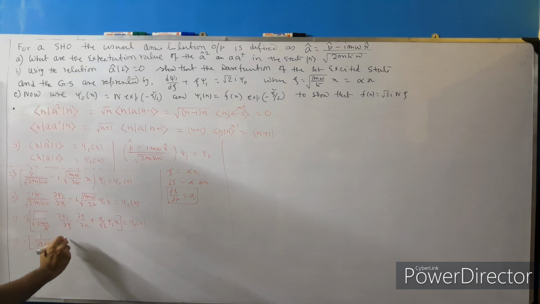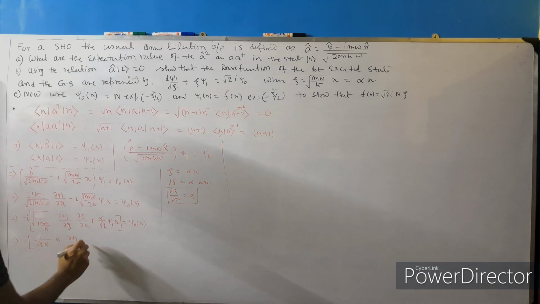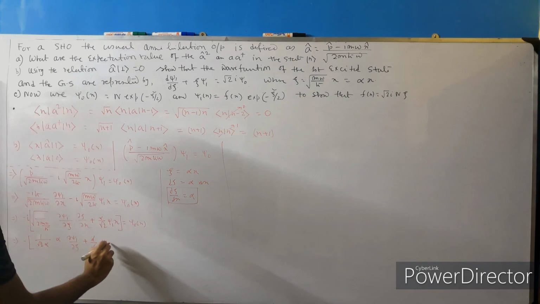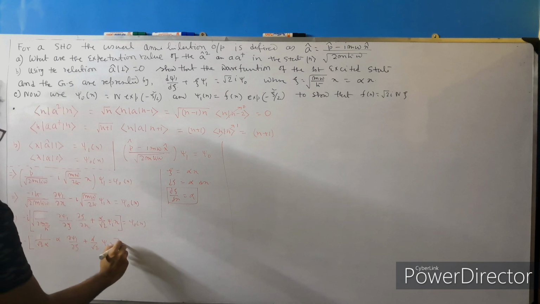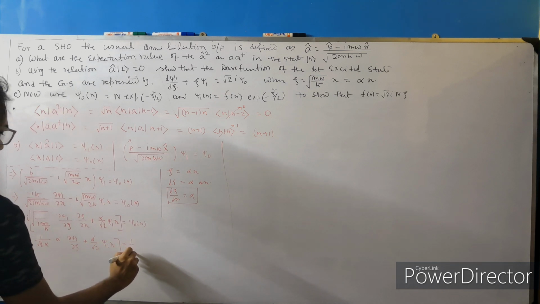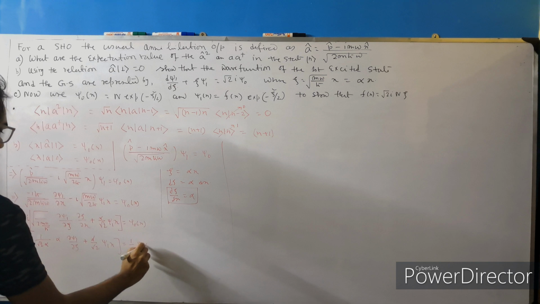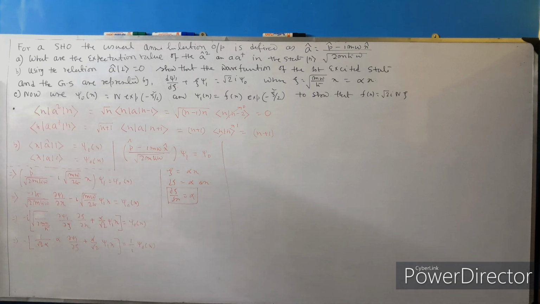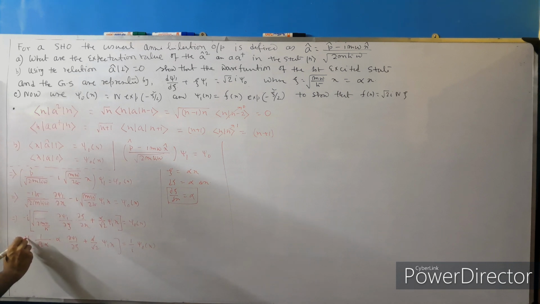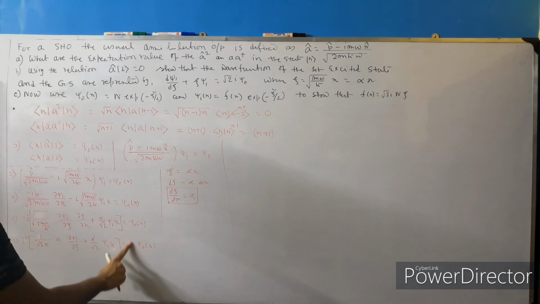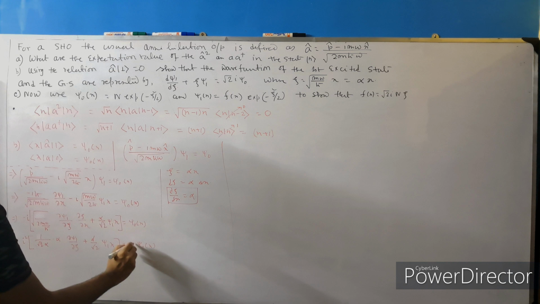So alpha into del psi 1 del xi plus alpha by root 2 psi 1 x is equal to 1 by i psi 0 x. Now minus can be written as i square, and 1 by i can also be written as minus i.